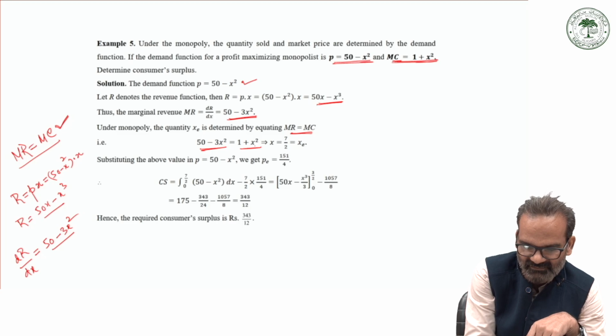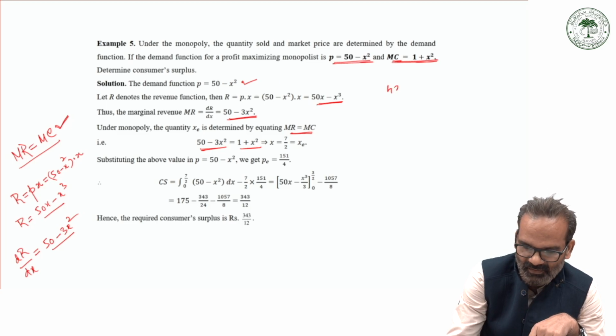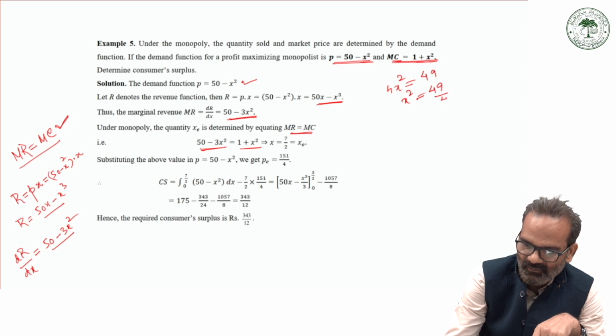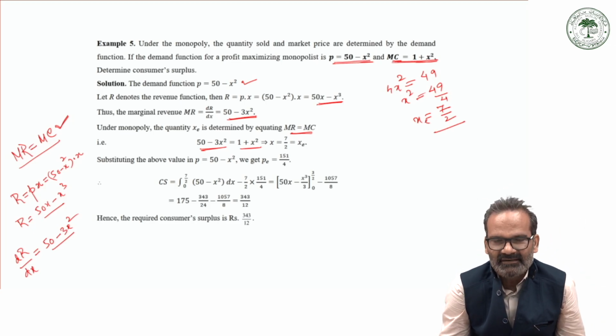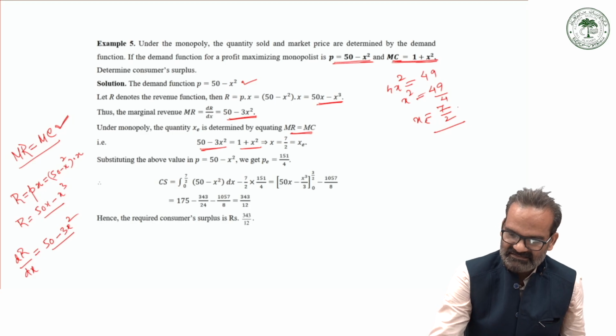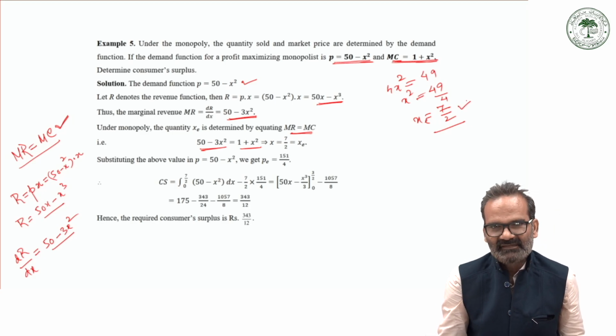So transferring terms, you will get 4x square is equals to 50 minus 1, that is 49. So x square is 49 upon 4, x is what? 7 upon 2. We will not consider the negative, as we know the quantity demanded can never be negative. So x is coming out to be 7 by 2.